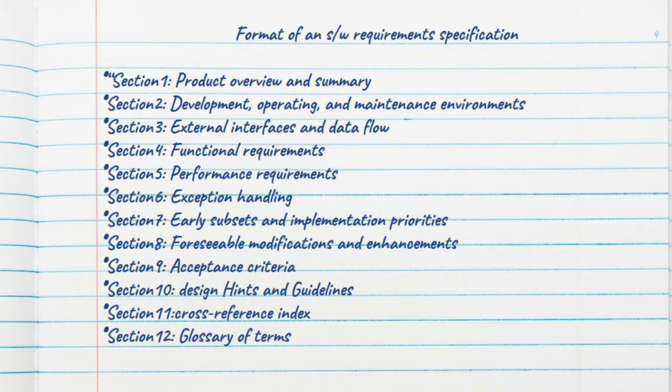Exception handling. Section 7. Yearly subsets and implementation priorities. Section 8. Foreseeable modifications and enhancements. Section 9. Acceptance criteria. Section 10. Design hints and guidelines. Section 11. Cross-reference index. Section 12. Glossary of terms.